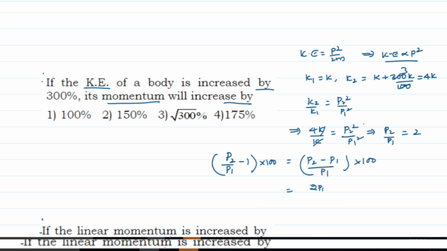So 2P1 minus P1 by P1 into 100. P1 by P1 gets cancelled, and you get a 100% increase. So when kinetic energy is increased by 300%, its momentum increases by 100%.